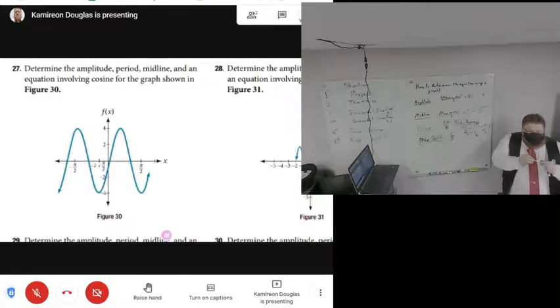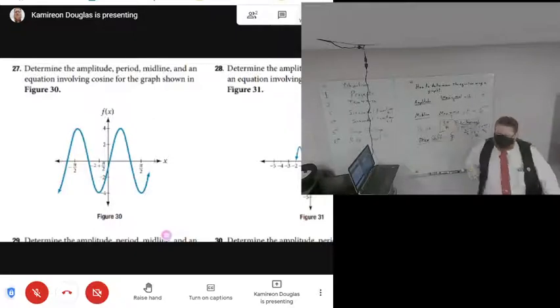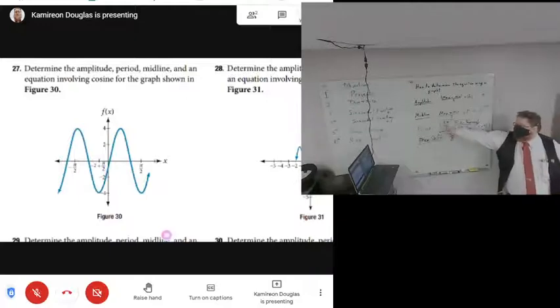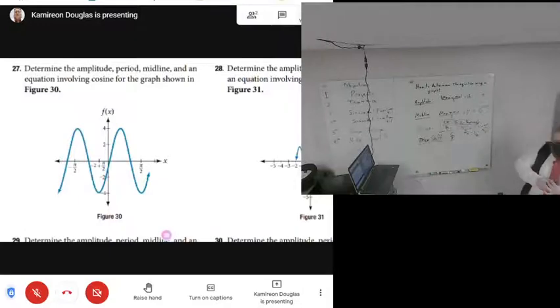Now, what's important to remember here, my period is 2, but my period is also equal to this equation. Those two things are true at the same time. My period is 2. It takes 2 units of measurement to get from the beginning to the end. But my period is also equal to 2 pi over b. So b ends up being pi.